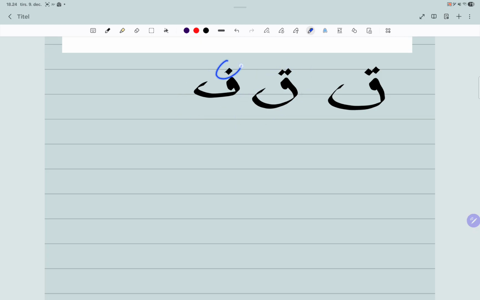You can see first and foremost the difference in the number of dots. Then you can see that the stomach in Qaf is deeper than in Fa. Fa is just above the line.